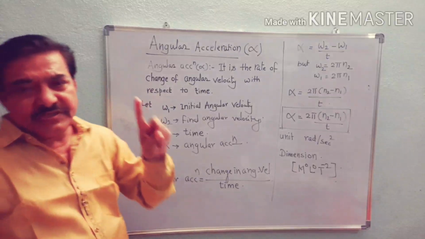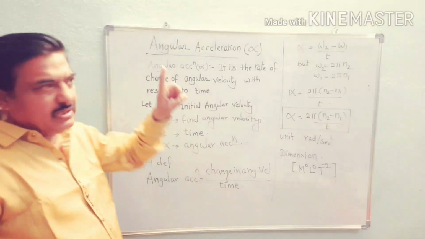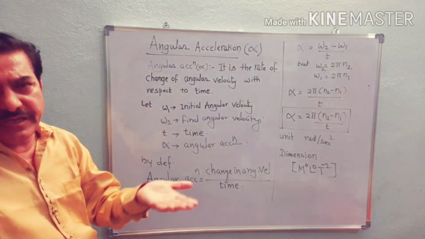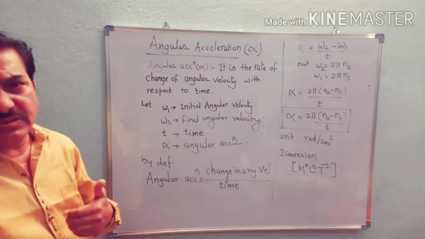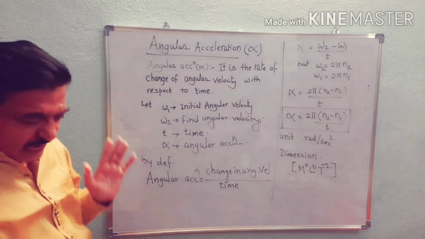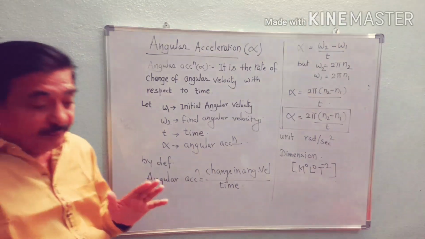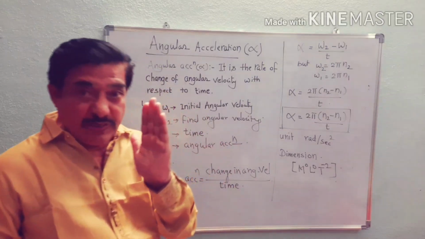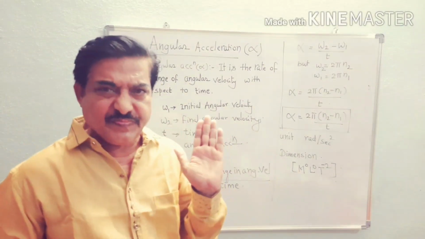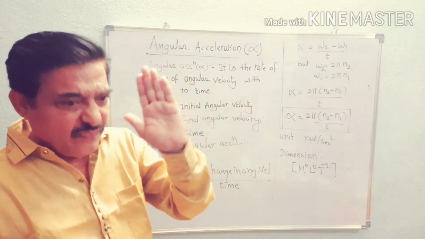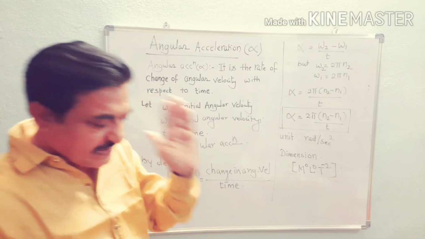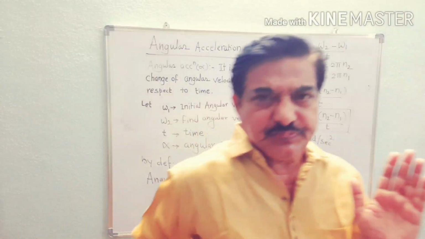Here, the next article is angular acceleration alpha. Before going to study the angular acceleration, we will see linear motion. What happens in linear motion? When displacement is changed, velocity is generated. When velocity changes with respect to the time, acceleration is produced.